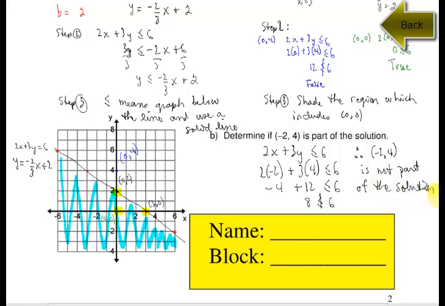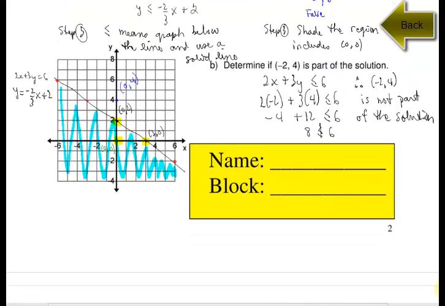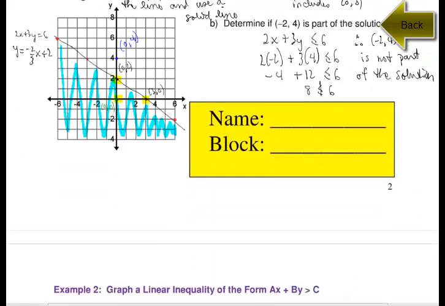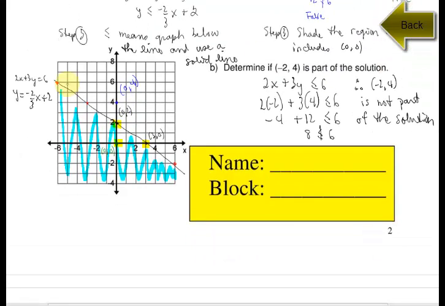Now, one thing that I do want to go over, I'll do it down here. Any point which is on the line is part of the solution. When it reads less than or equal to, then any point on our line is also part of the solution. So let's check using our y-intercept, because we know that's a point on the line.